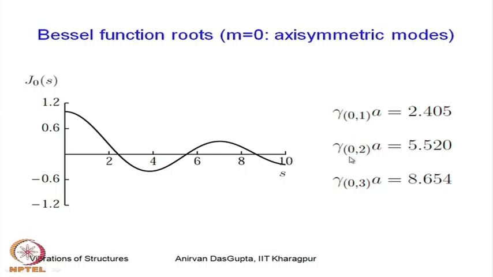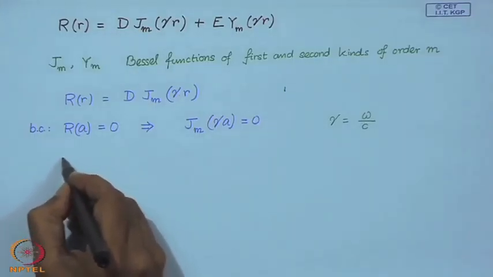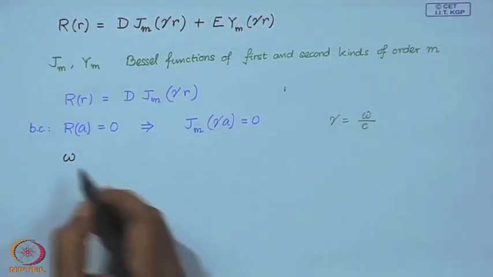So, the first 3 values of gamma times A, which are now indexed with m and the root number, are: the first root is approximately 2.405, the second is 5.52, and the third root is 8.654. So, the first 3 solutions of this condition are obtained here. Therefore, our frequencies also now get indexed.